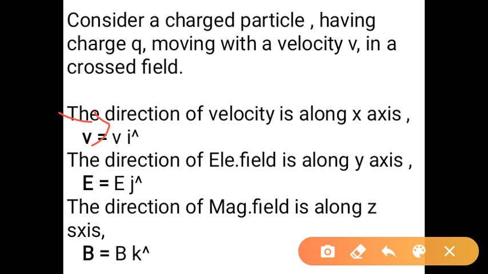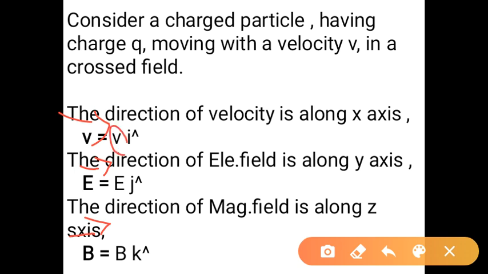The direction of electric field is along y-axis. That is vector E equal to E j cap. i cap and j cap are all unit vectors used to denote the directions. i cap to denote x direction, j cap to denote y direction, and the direction of magnetic field is along z axis. That is vector B equal to B k cap. k cap denotes z direction.